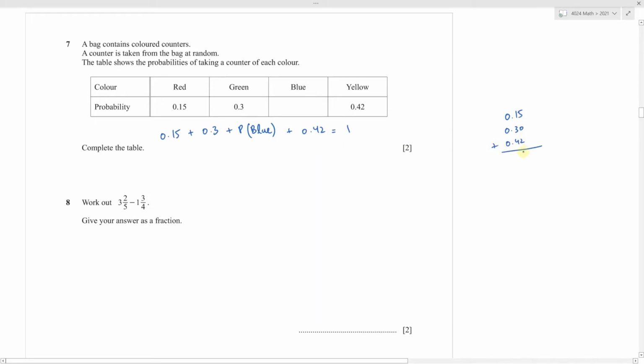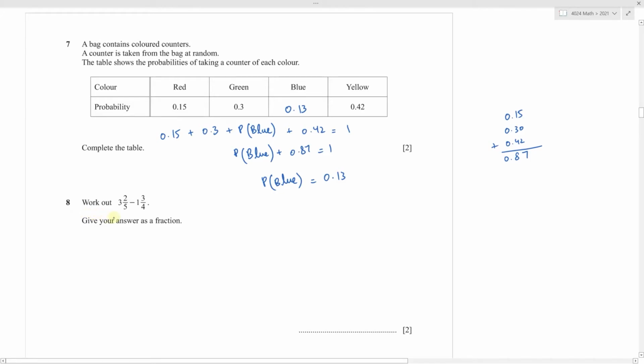So 5 plus 2, 7, 1 plus 3, 4, 4 plus 4, 8. So this is 0.87 plus blue should equal 1. And then probability of blue would be 1 minus 0.87, which is 0.13. So your answer here will be 0.13.